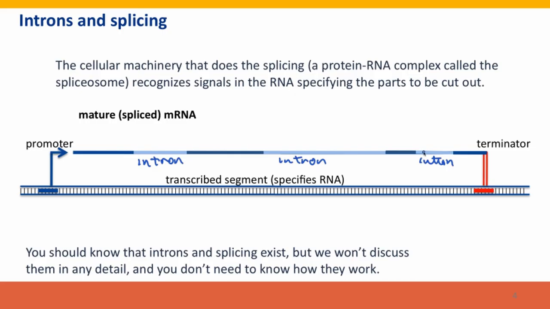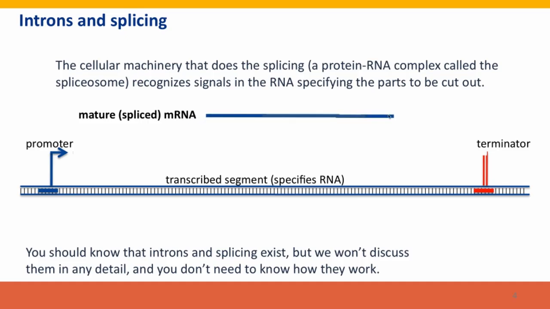These are recognized by the splicing machinery because of particular regulatory sequences, recognition sequences at the beginning and end, the junction points, the splice points of the introns. And this allows the cell to recognize the places where it needs to cut out sequences. So the sequences that code for protein, the exons, are joined together into a mature messenger RNA, and the intervening sequences, that's where the word intron comes from, are discarded.